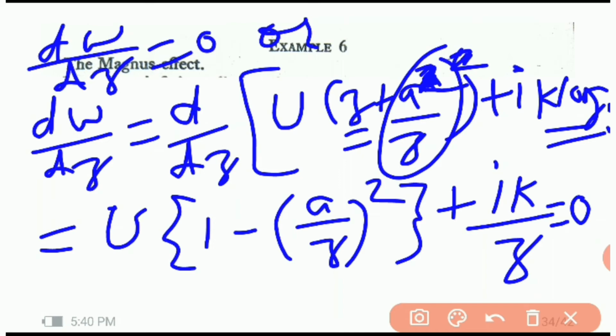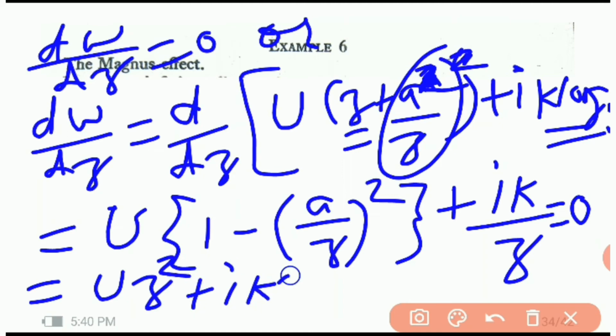So what we get? This can be written as uz square plus ikz minus ua square is equal to 0.